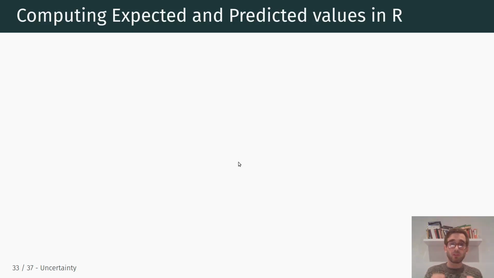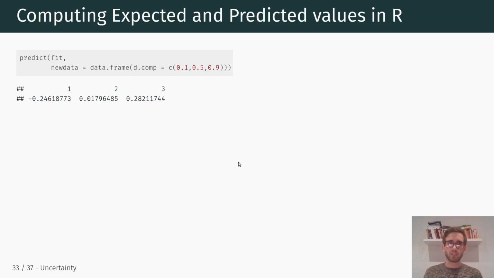So now let's jump briefly into how we can compute expected and predicted values in R. And again, this is going back to an example that we talked about before. Specifically, we already talked about using the predict function, where we take our model fit that we already estimated, and we provide a new data frame for a specific scenario of our independent variable, and we want to compute predicted values for that specific scenario.